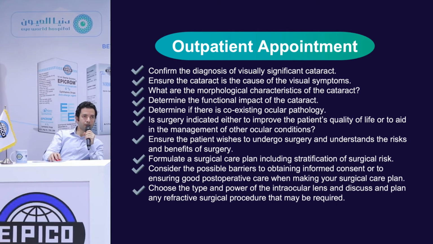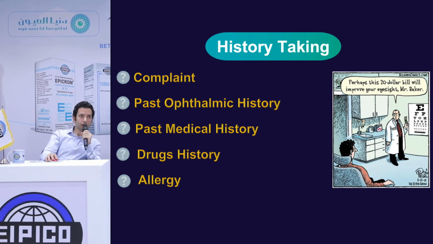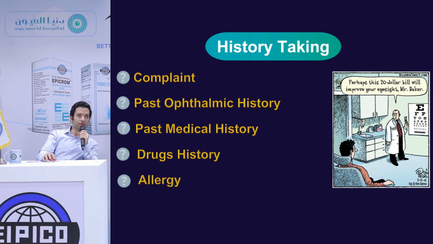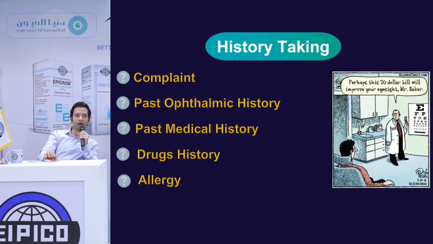When you are taking history from the patient, what are the main points that you should inquire about? As in any medical scenario, the first thing to start with is the complaint. So you should analyze the patient's complaint. Those patients will usually have a gradual progressive loss of vision, but sometimes this will not be the case.